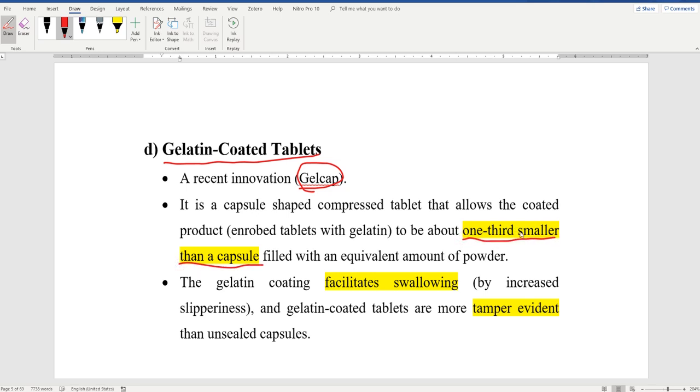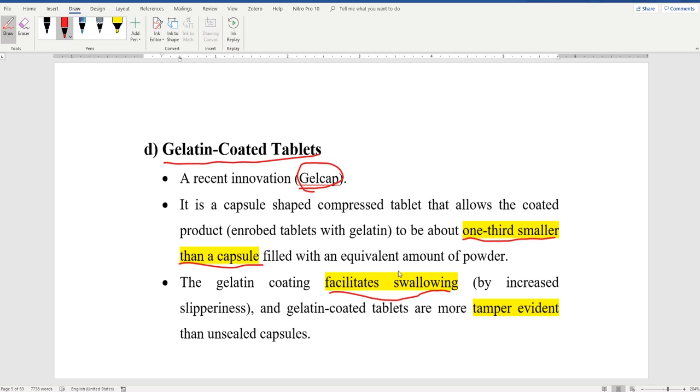Why did we say that? Because in the capsule we are filling the bodies, but here the whole thing is the drug, and the drug is occupying all the volume inside the gelatin coat. Okay, this is one. Second thing, because it's smaller, it facilitates swallowing compared to a hard gelatin capsule.